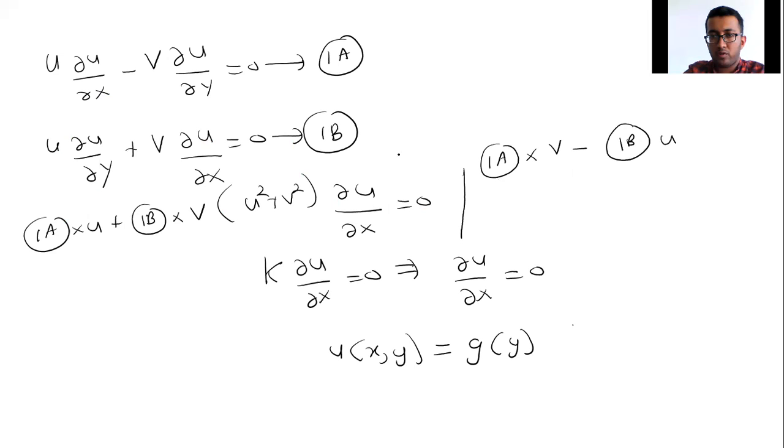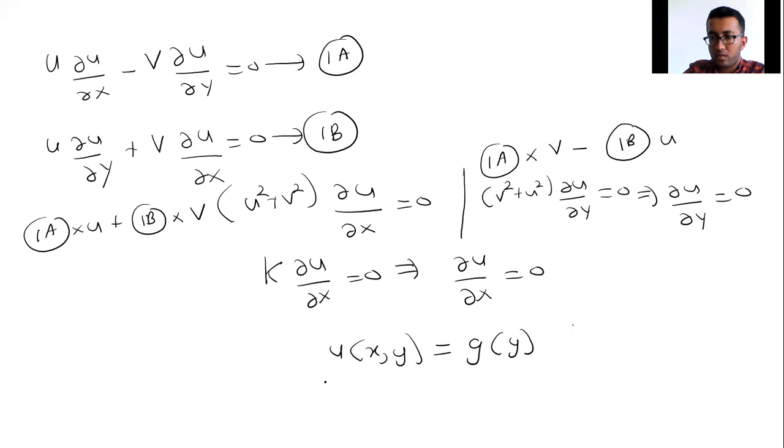So then what will you get? The ∂w/∂x terms get cancelled, and here you will get (v square plus u square) into ∂w/∂y equals 0, and this will give you ∂w/∂y equals 0, right? So we know that ∂w/∂y is also 0, right?